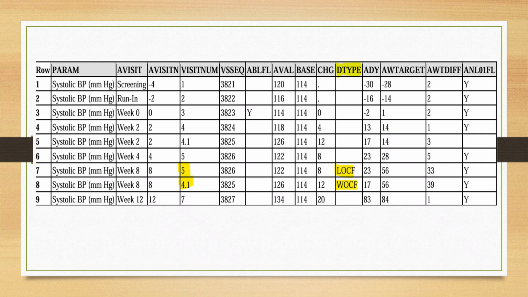So when you are deriving the LOCF or WOCF, we have taken into account the previously available visits for the same parameter and created a new record for the DTYPE variable.